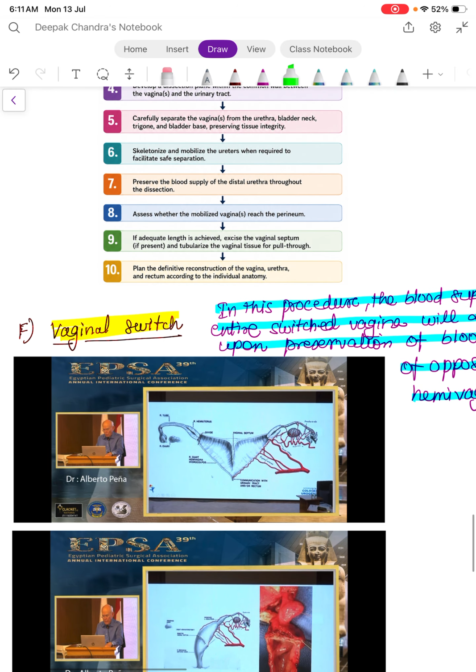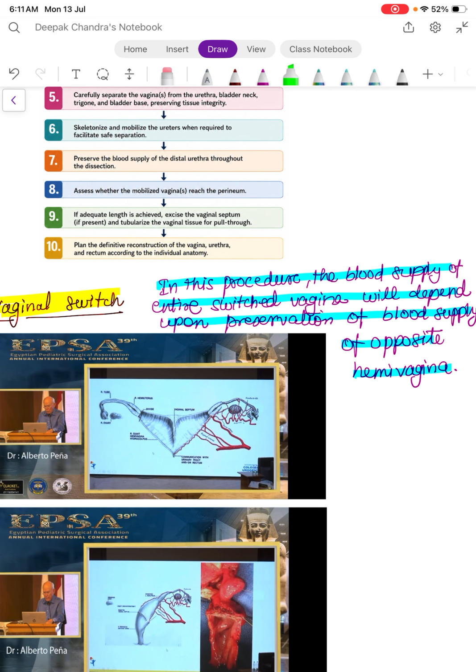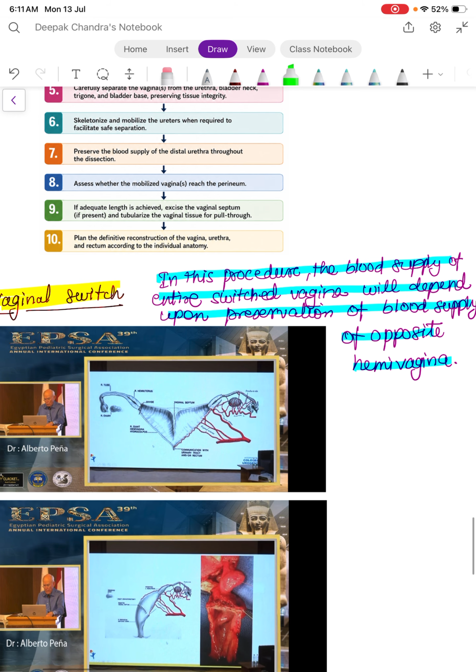And last but not least, we are going to discuss briefly the vaginal switch. We are not going to discuss the vaginal replacement procedure here; I will do that in a separate video. There are two hemivaginas and two hemiuteri. One hemiuterus is discarded with preservation of the ovarian tissue.